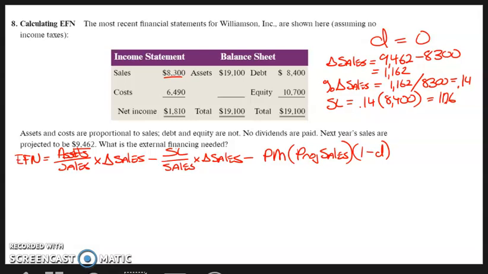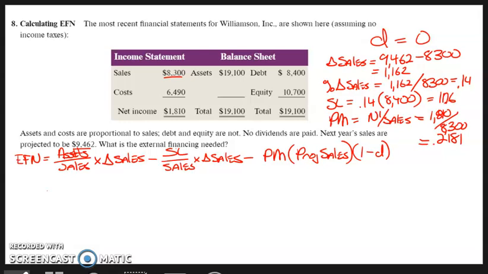Finally, the profit margin is net income divided by sales. So that's 810 divided by 8,300, which is 0.2181. Now all we have to do is plug in.